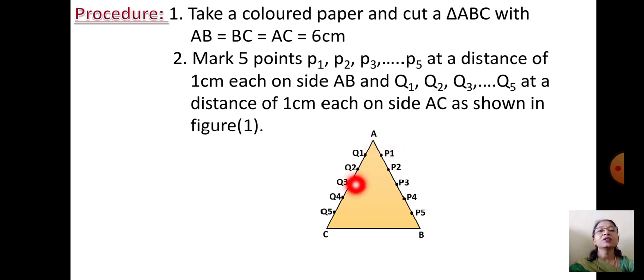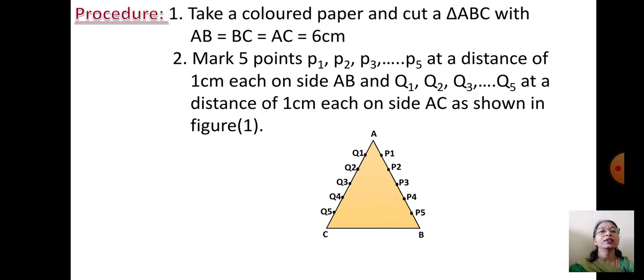Similarly, on the side AC, you mark again 5 points, named Q1, Q2, Q3, Q4 and Q5, at a distance of 1 centimeter each. This will be your diagram 1, or not the diagram, your first cutout of the triangle. Understood?